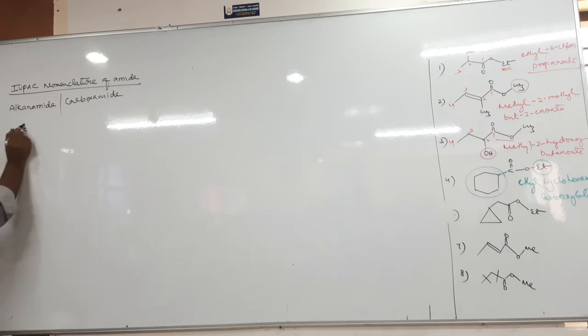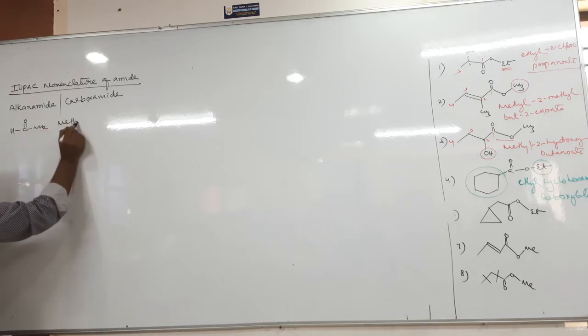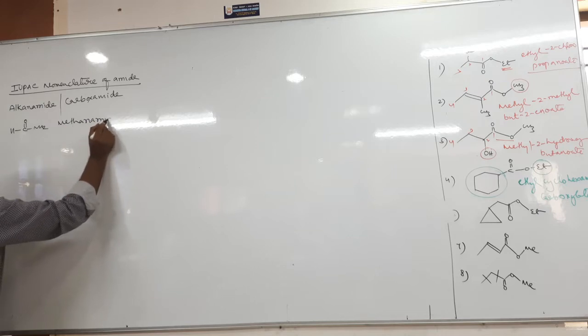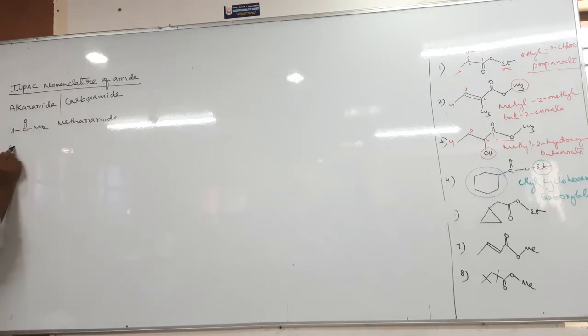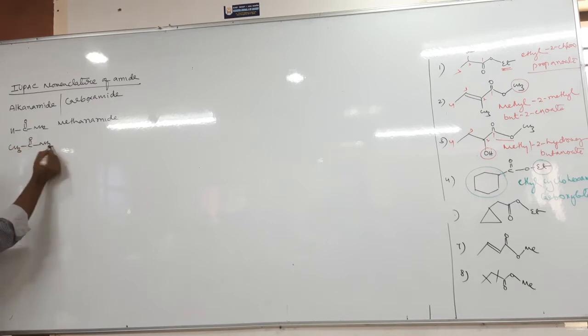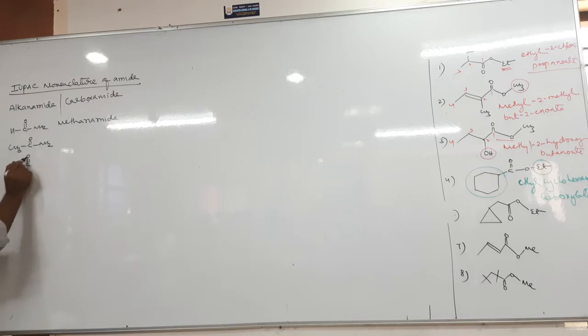If there is a one carbon amide, tell me what is this? Alkanamide, no, methanamide. Two carbon amide, ethanamide. Three carbon amide, propanamide.